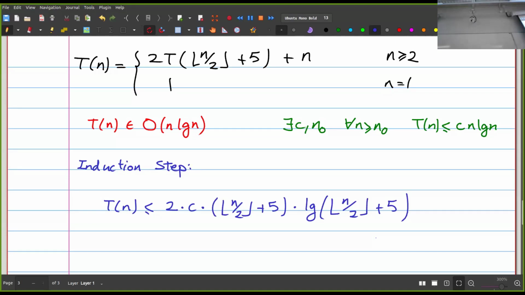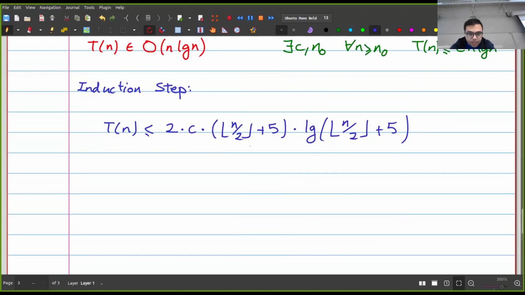Because this 2 times n/2 + 5 is going to give me at least n, right? It's actually larger than n. So I have Cn in this part. And then this log is also larger than log n - 1. So I don't know for sure that this would work.